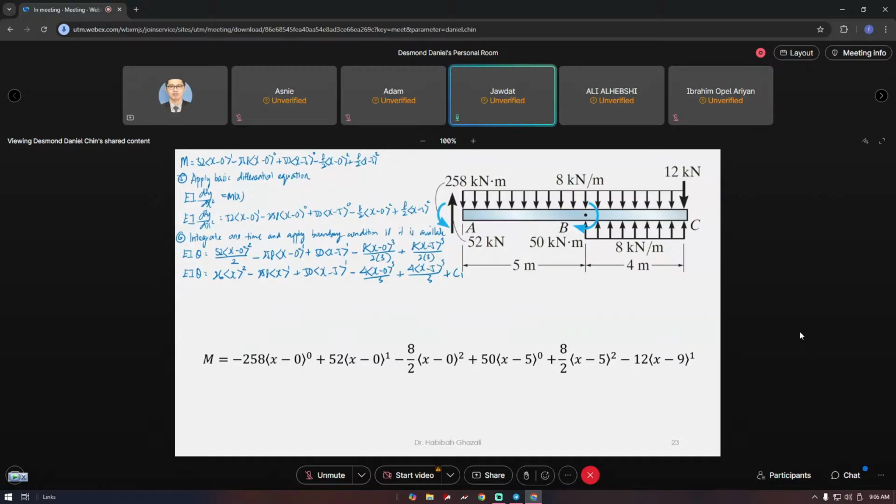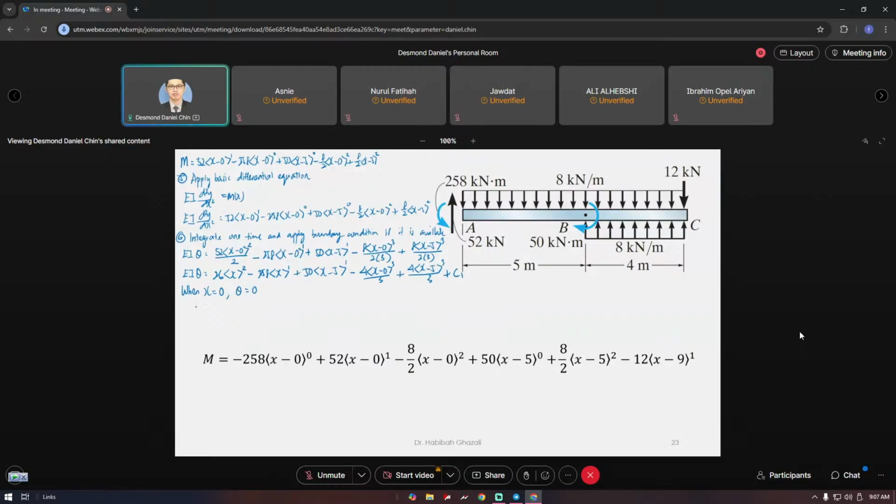Fixed support, right? Yes. So fixed support, correct? The slope is 0. So therefore, when x equals 0, theta equals 0, right? Am I right?